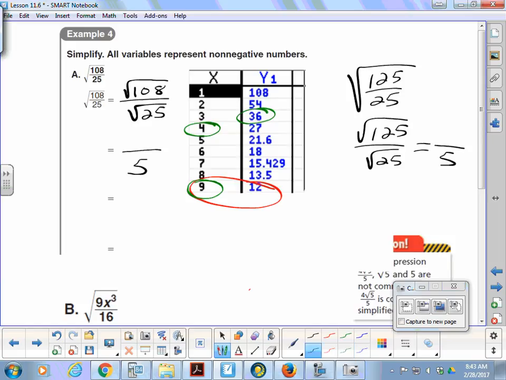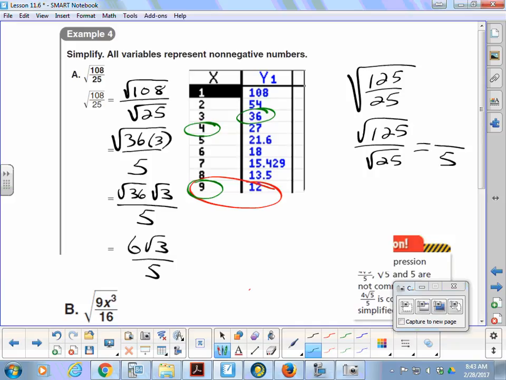So then I'm going to rewrite this as the square root of 36 times 3, because 36 is the largest one of them. So, square root of 36, square root of 3 over 5. So 6 square roots of 3 over 5.